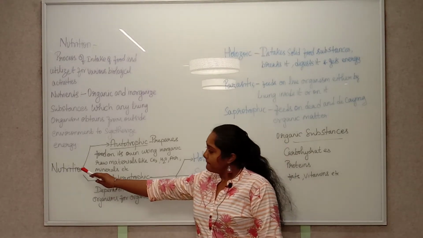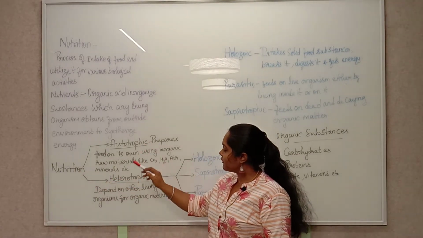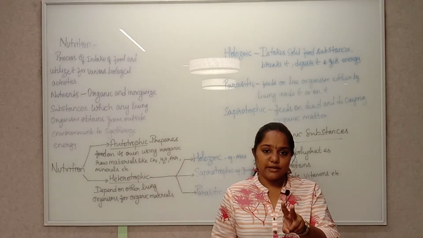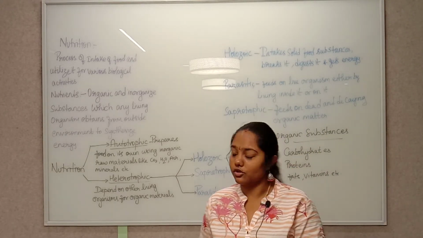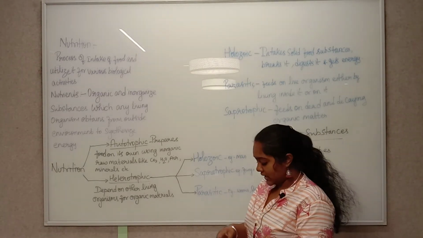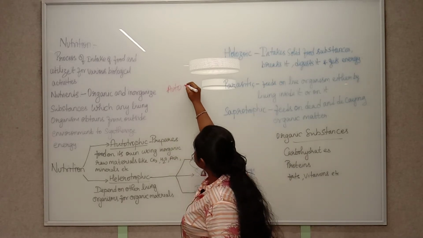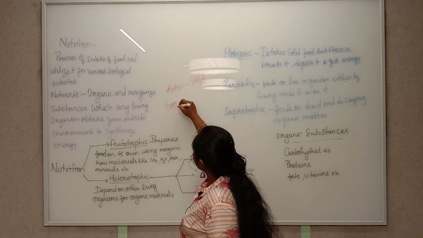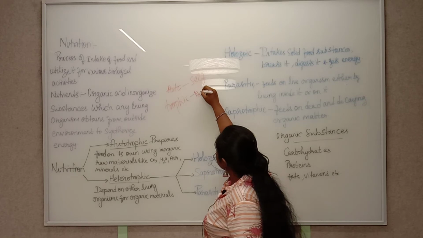Now, two major types of nutrition are autotrophic and heterotrophic. There are only two main types of nutrition. One is autotrophic, the other one is heterotrophic. Here, the term auto means self. Trophic is again a Greek word which means nutrition.